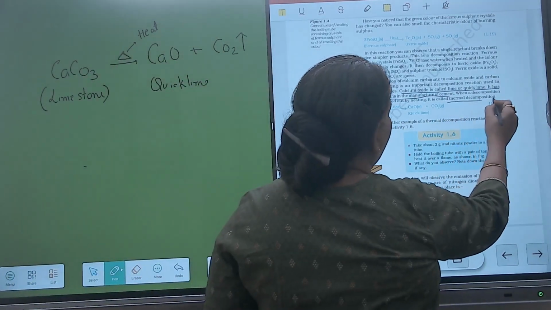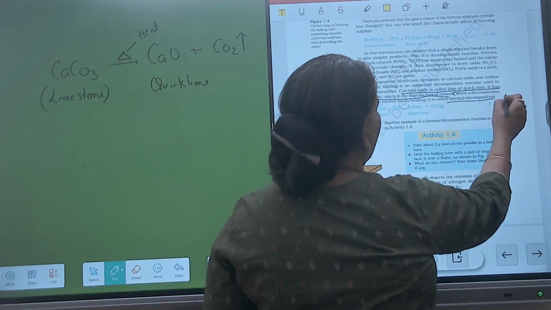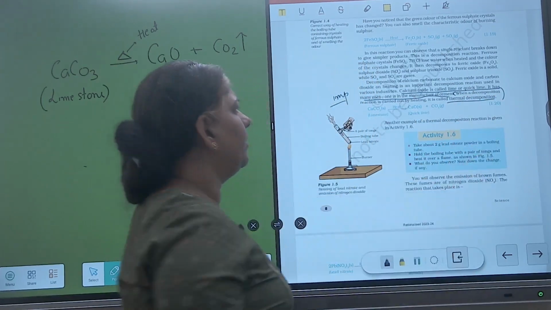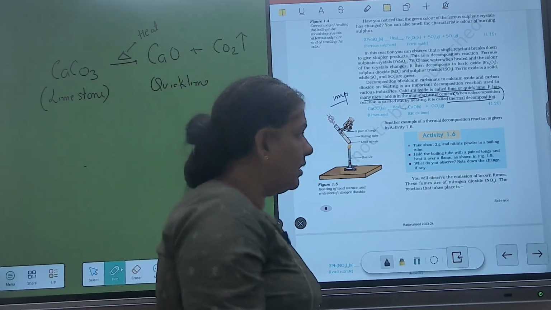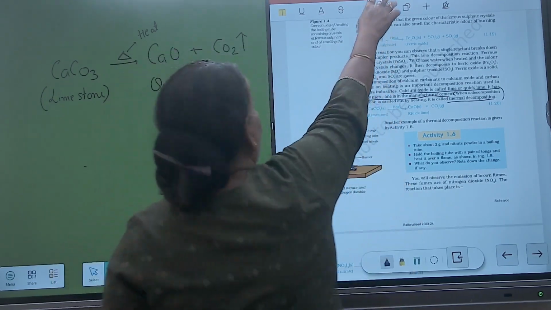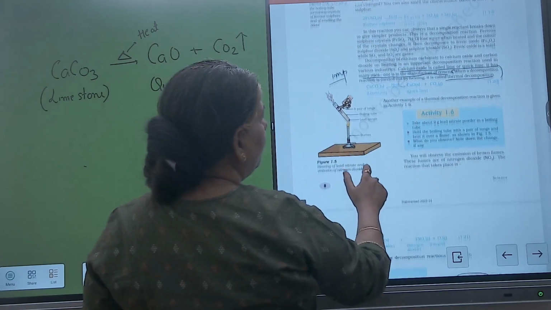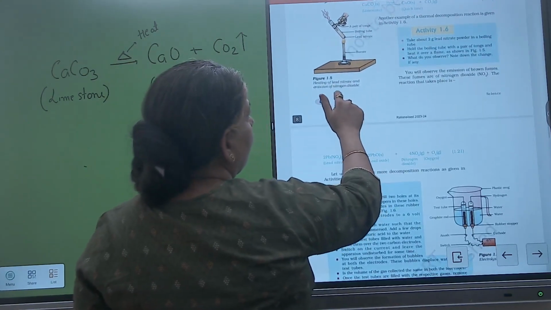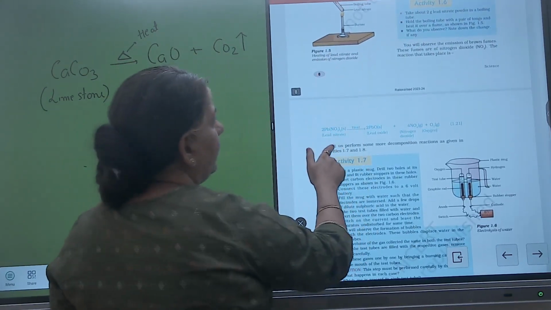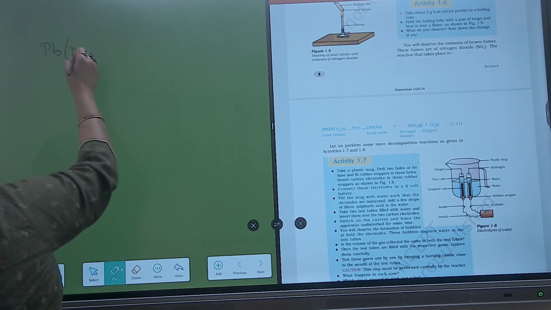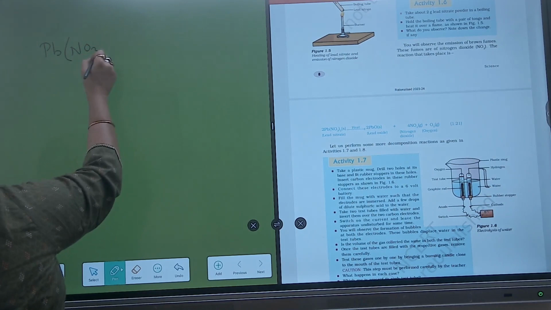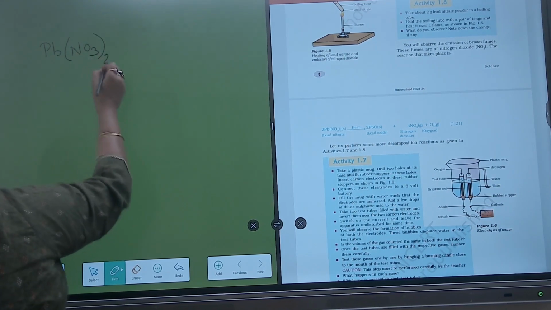Okay, here the definition of thermal decomposition is also given. When the decomposition reaction is carried out by heating, it is called thermal decomposition. The next example of thermal decomposition is when we heat lead nitrate. Lead's valency is 2, and nitrate ion valency is 1.